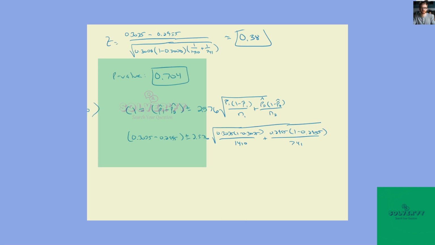And our lower boundary to 3 places, let me get this into a calculator.